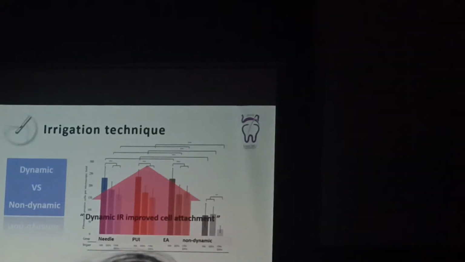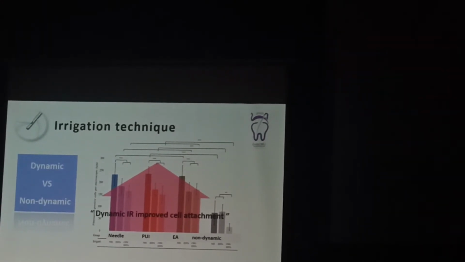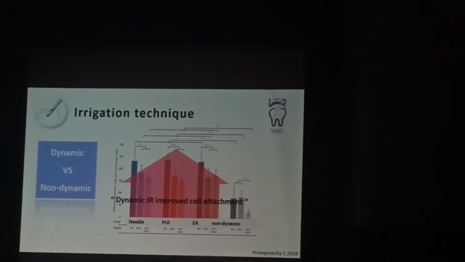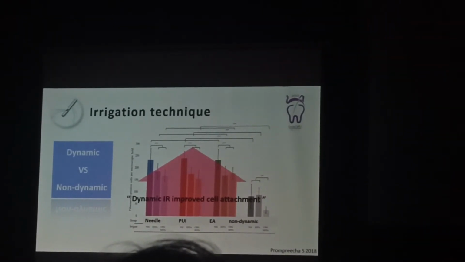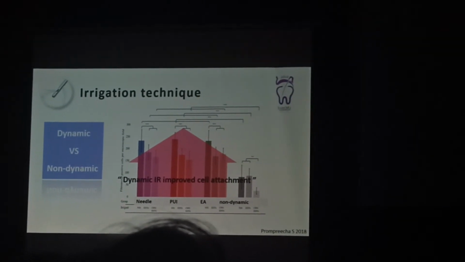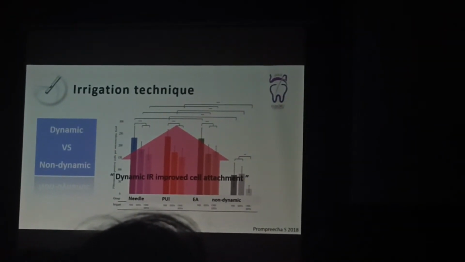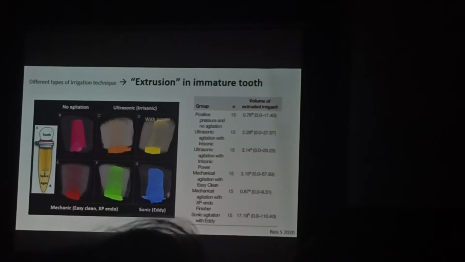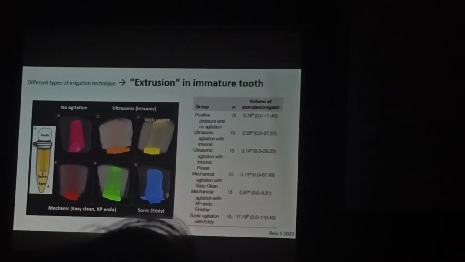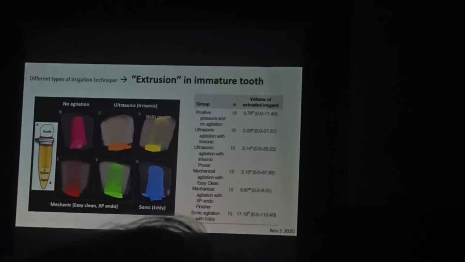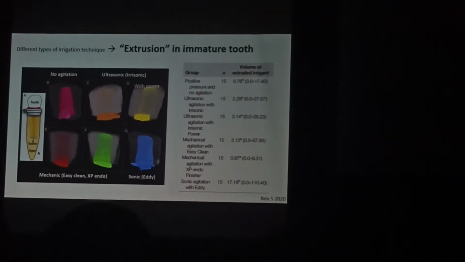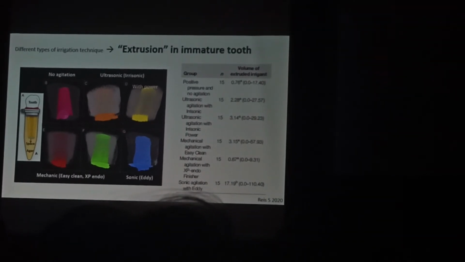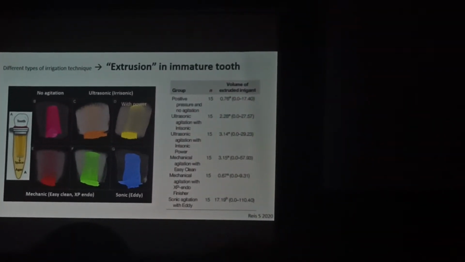If you want to rinse the root canal in this kind of case, it may be easy to just use the movement of the needle, or you can use some equipment that can generate movement of the liquid. But be careful of extrusion, because when you use this equipment, it may generate lots of force that may extrude the irrigant outside the tooth and generate toxicity to the surrounding cells.